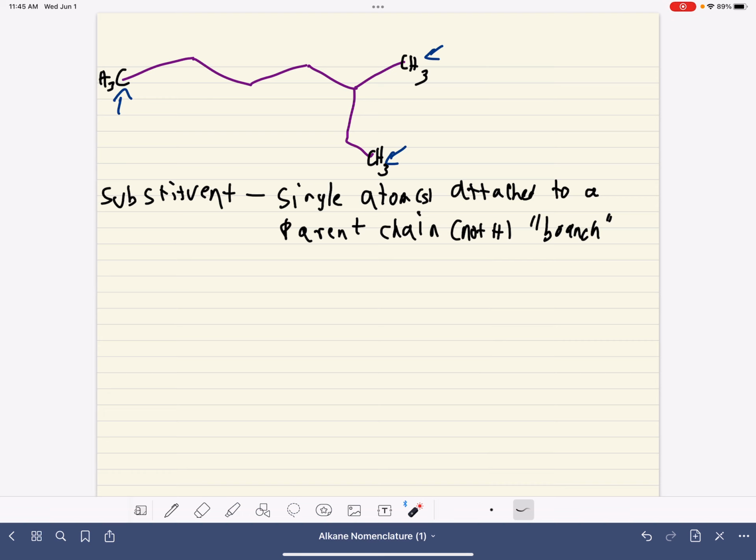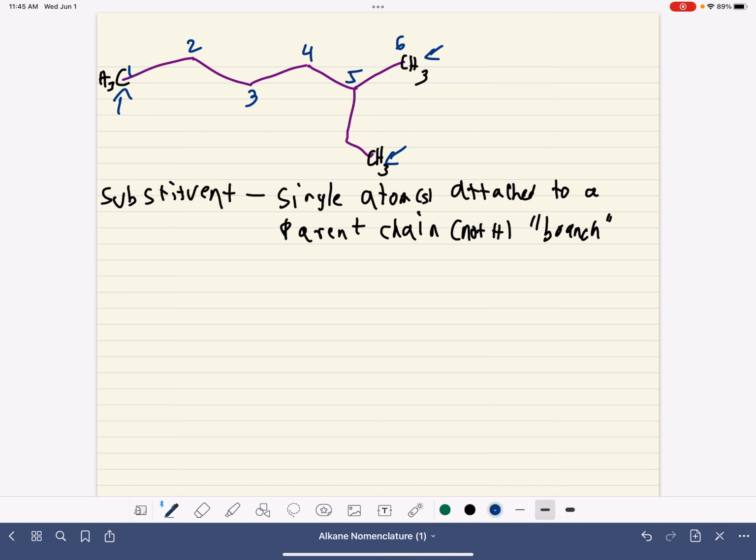So let's say that we numbered the parent chain going directly across. What would end up happening is I would have 1 carbon here, 2 here, 3, 4, 5, 6. So going straight across gives us 6 carbons. But is there a way that we could have a longer continuous carbon chain? What if we went down here?